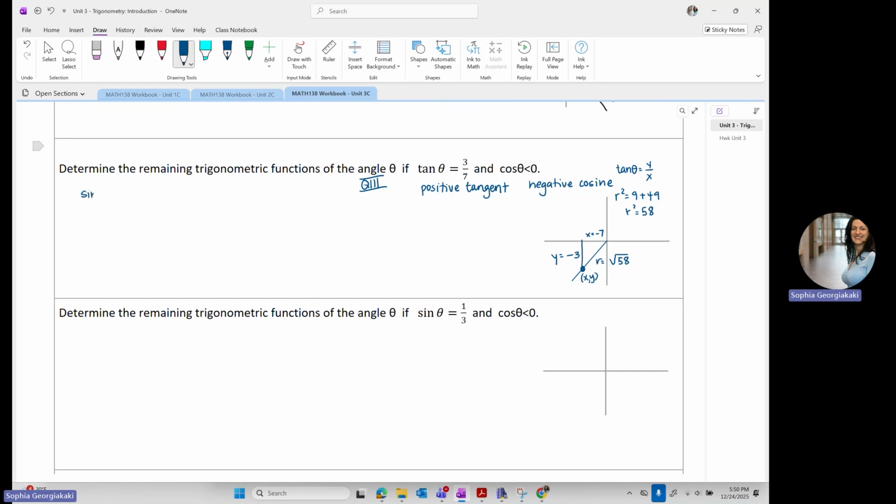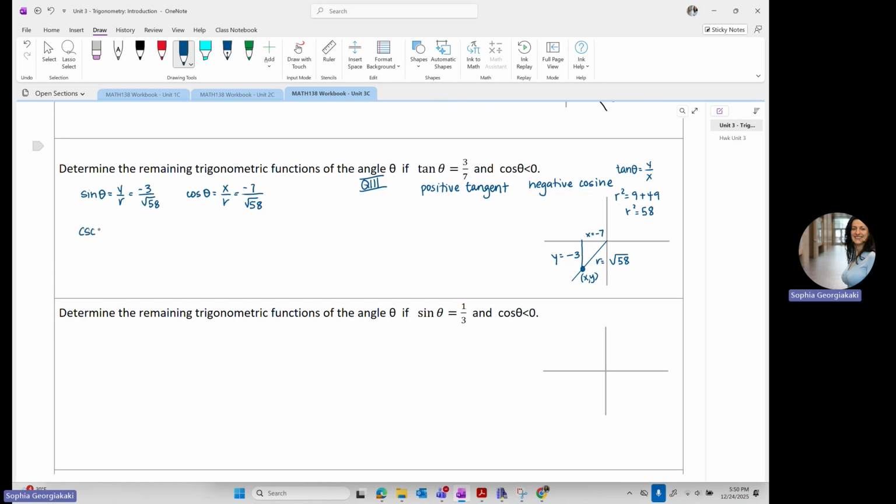Therefore, the sine of theta will be y over r, negative 3 over the square root of 58. The cosine of theta will be x over r, negative 7 over the square root of 58. The tangent, they already gave it to me.